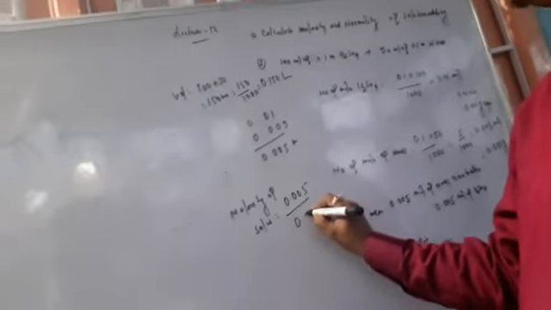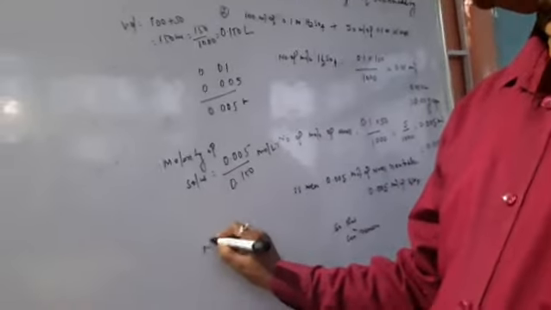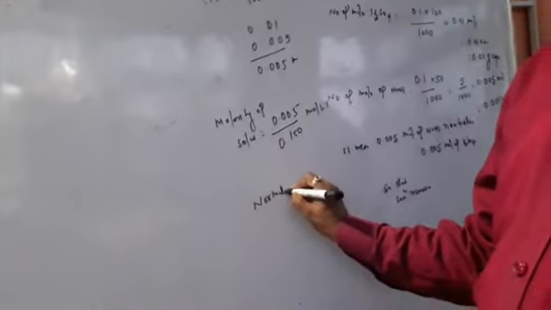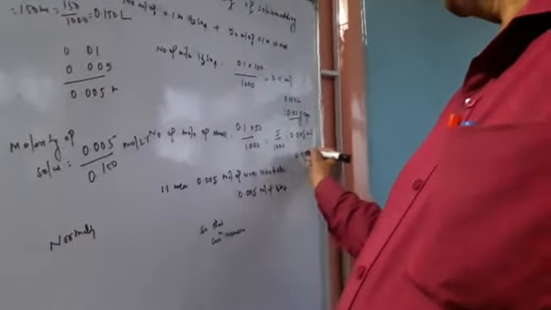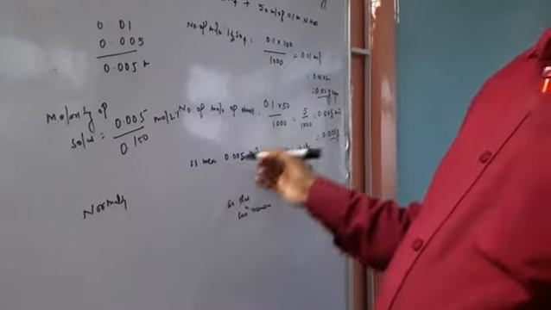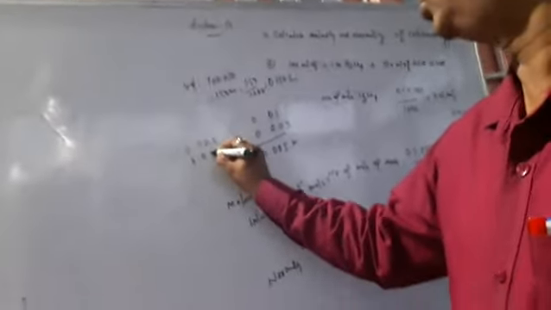Divide by 0.150. This is mole per liter. Similarly, for the normality of the solution, it means 0.005 neutralizes with 0.02, so the remaining is the concentration of acid.